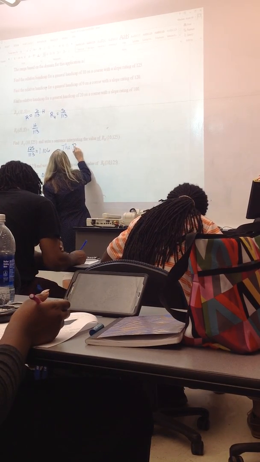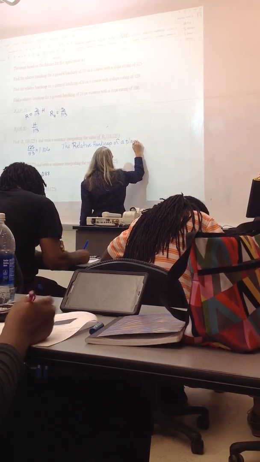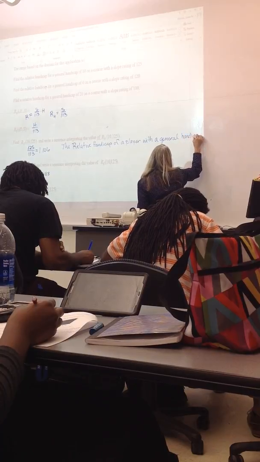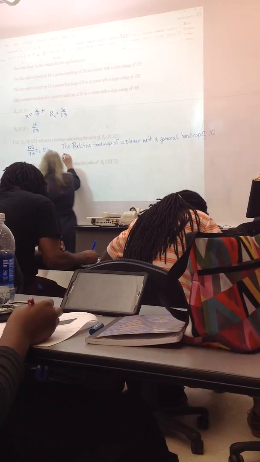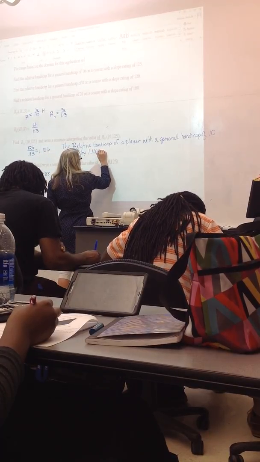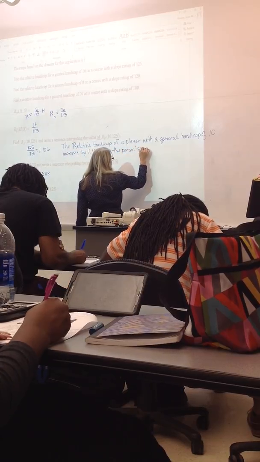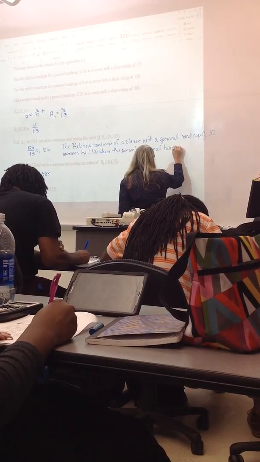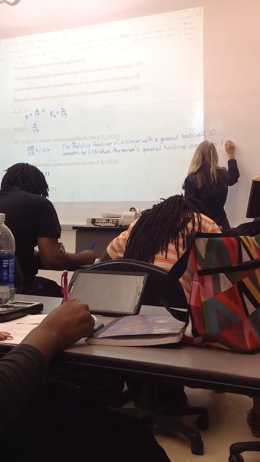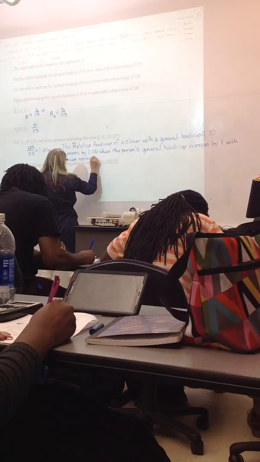The relative handicap of a golfer with a general handicap increases by 1.106 when the person's general handicap increases by 1 with a slope rating of 125.